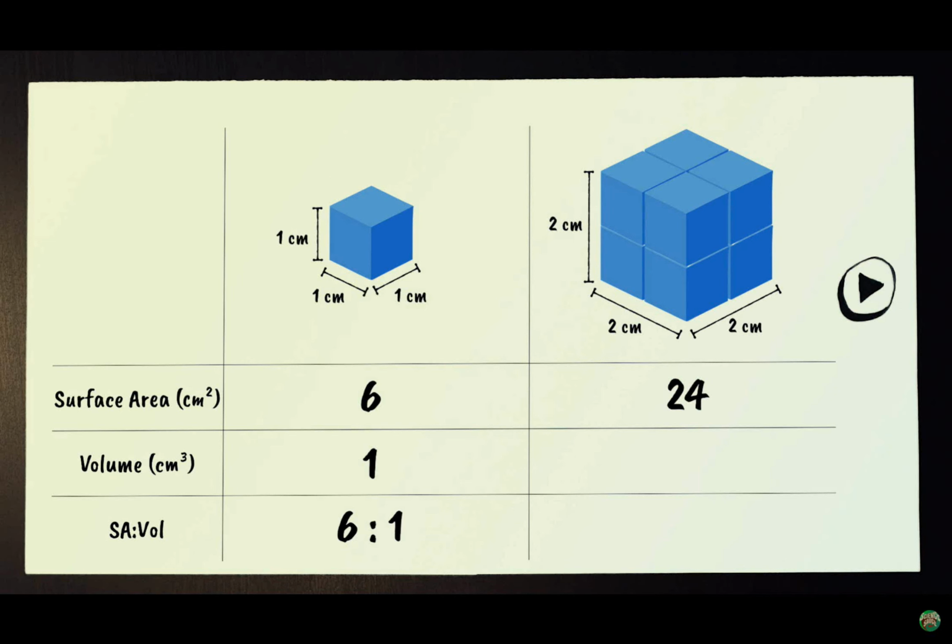If we do the same for the larger cube, we can see that it has a volume of 2 times 2 times 2, which equals 8 centimeters cubed. This ratio of 24 square centimeters of surface area to every 8 cubic centimeters of volume can be simplified to 3 to 1. 6 to 1 is bigger than 3 to 1. It's obvious that the smaller cube has a larger surface area to volume ratio.